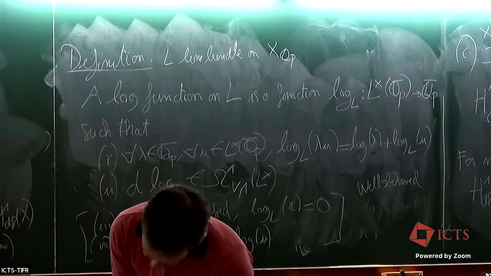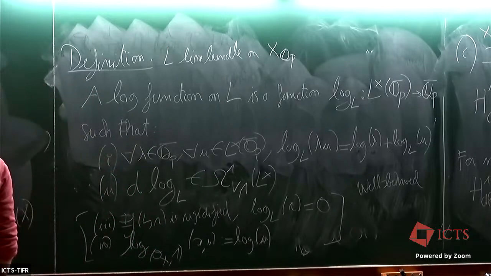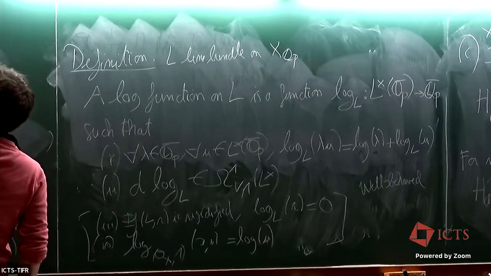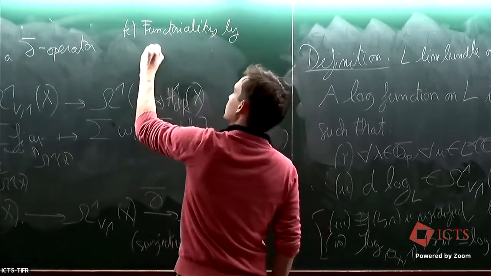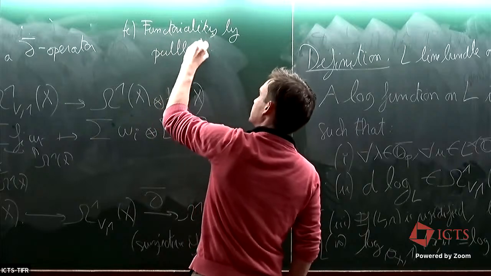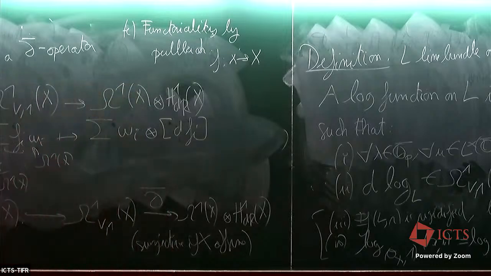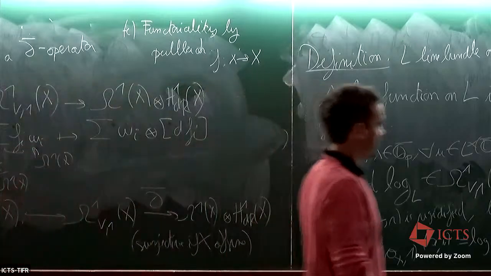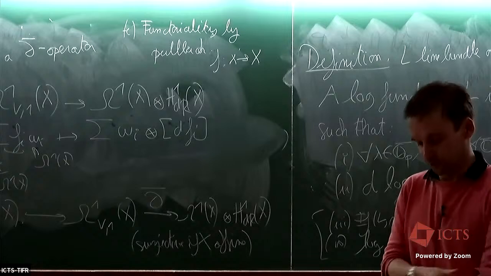Obviously, you should be able to pull back these functions. So if you pull back these forms, it all commutes, etc. So once you can do this, you can check that if you pull back something to X prime, this is still satisfied. So you can get pullbacks of log functions.